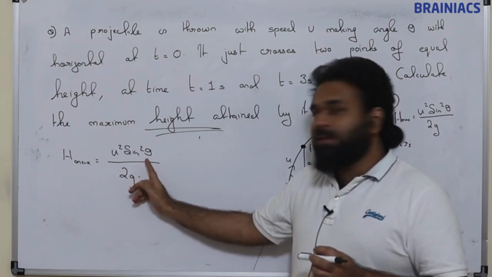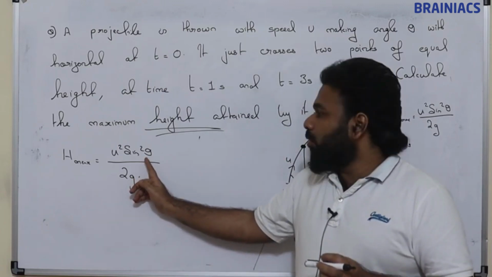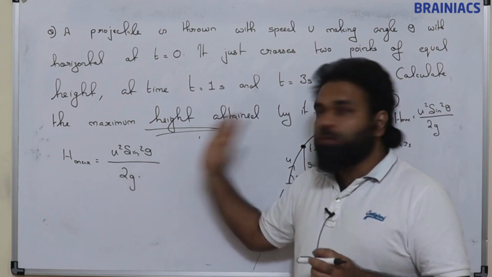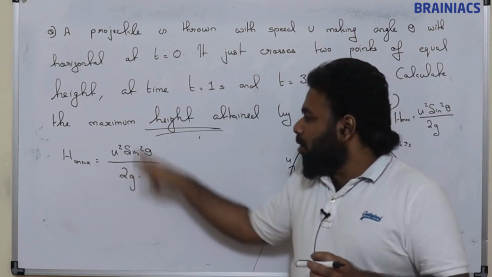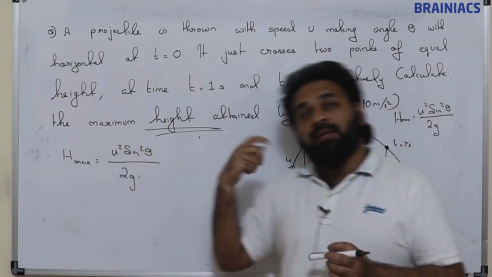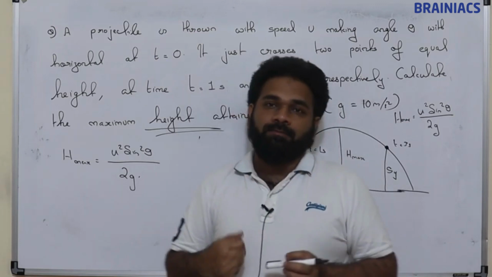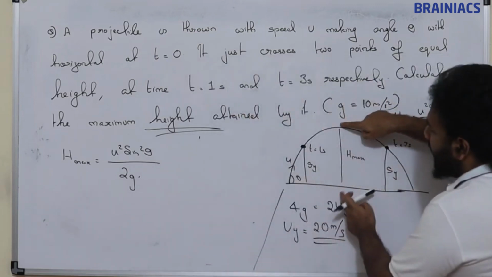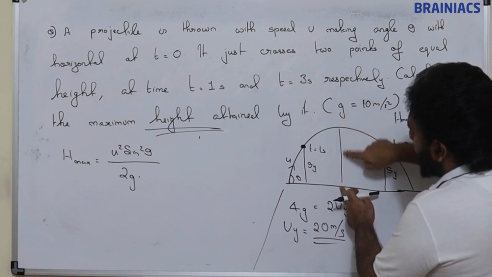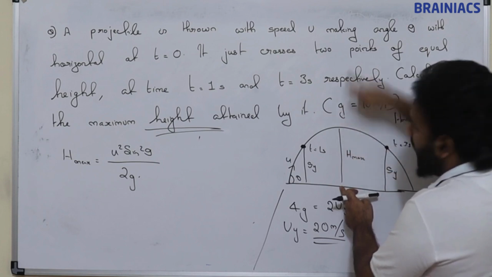If it is sine 30, it is going to be 1 by 2, squared. This value will come down, it will be reduced. So the maximum height will be based on this angle, and it can vary anyway.